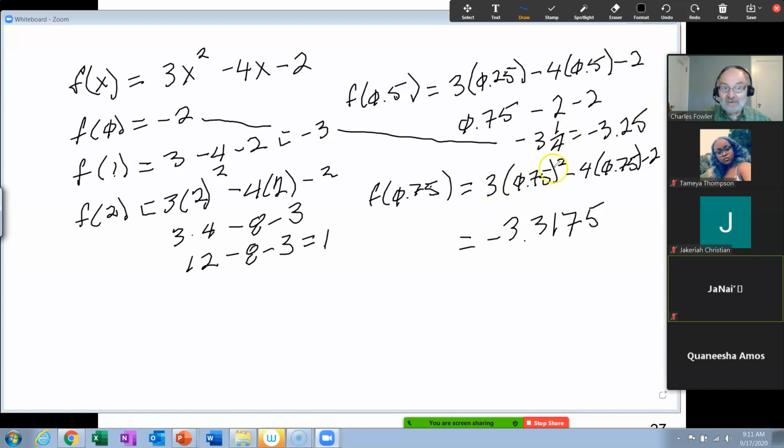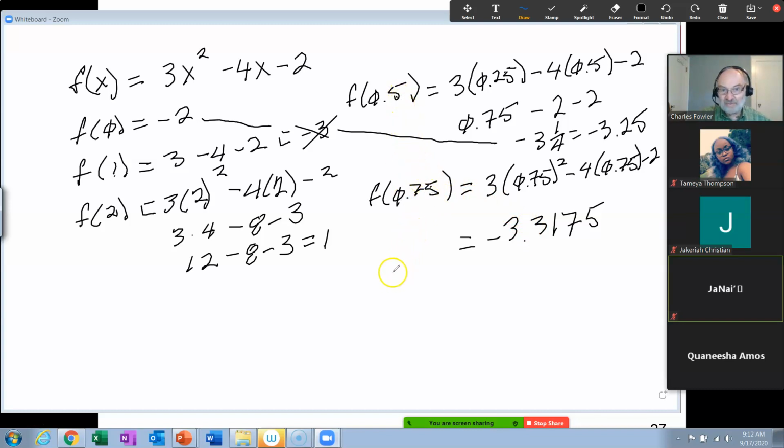Now both of these are less than this one, so one's out. So we're going to do something between 0.5 and 0.75. And this is the larger, the smaller number, the larger absolute value. So I'm going to do something closer to 0.75 than 0.5.